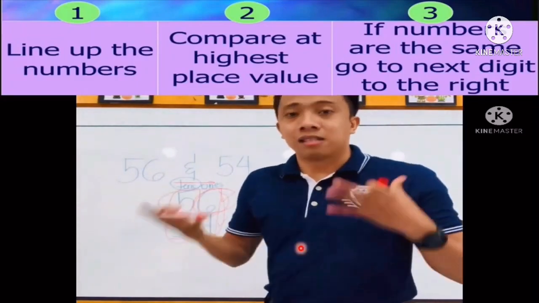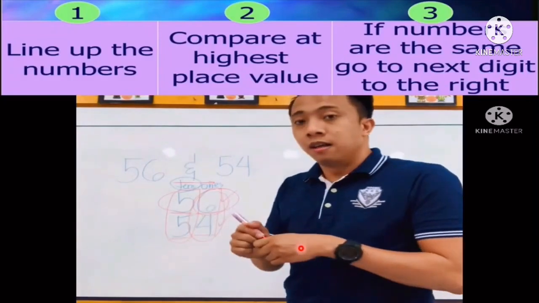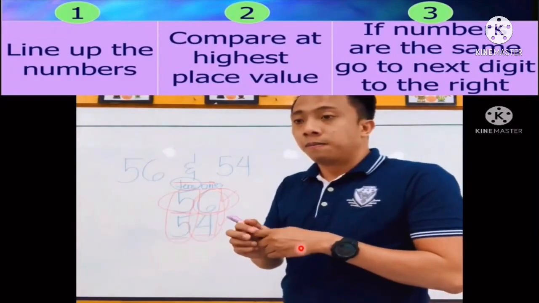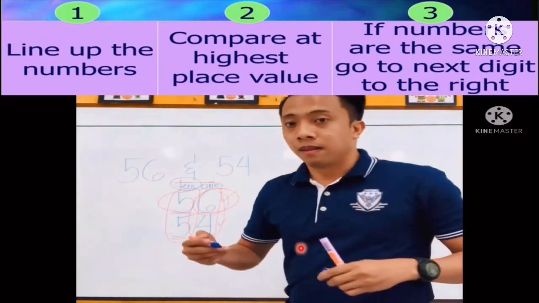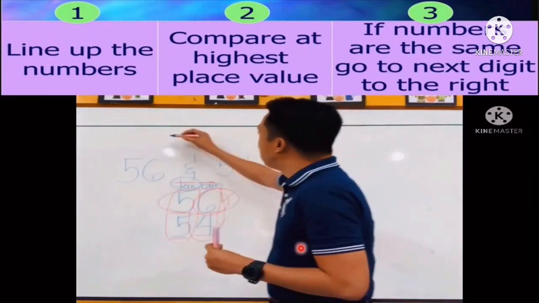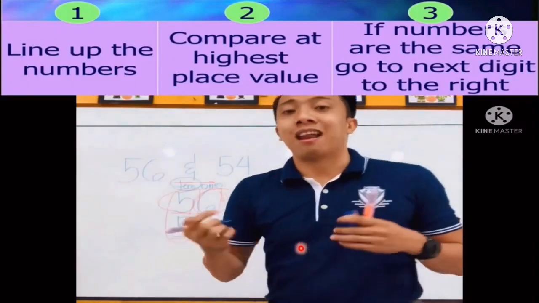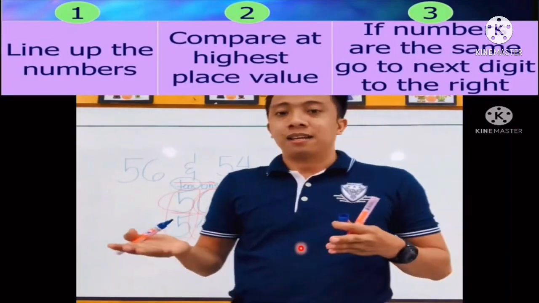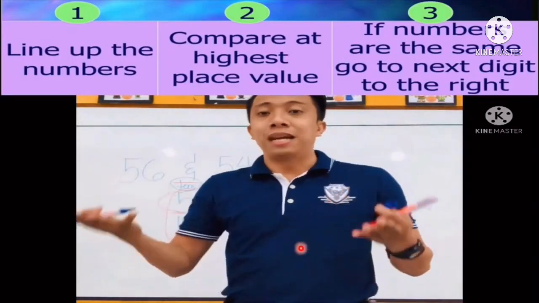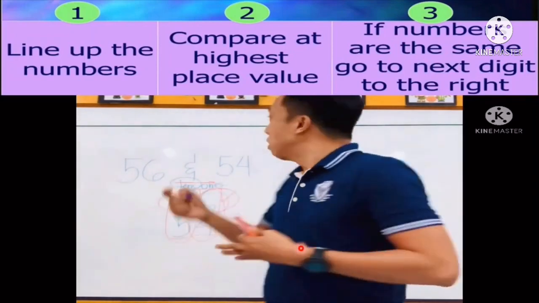How can we write the symbol? Did you remember how to write the symbol? Did you remember the alligator? Yes, good job. So, the alligator is always eating the largest number. Right? What is largest again? The other word for that one is the biggest or bigger or greater. Alright?